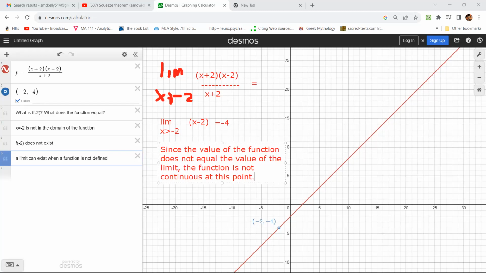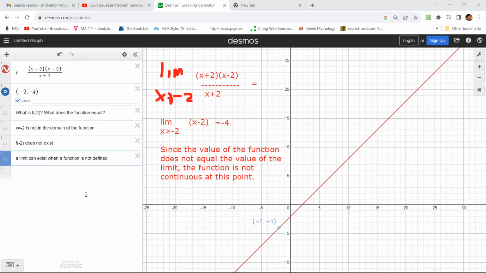So the limit can exist. What you need to remember is a limit can exist when a function is not defined. It doesn't have to. Sometimes when a function is not defined, the limit doesn't exist either. But sometimes, like here, the function is not defined, but the limit exists.